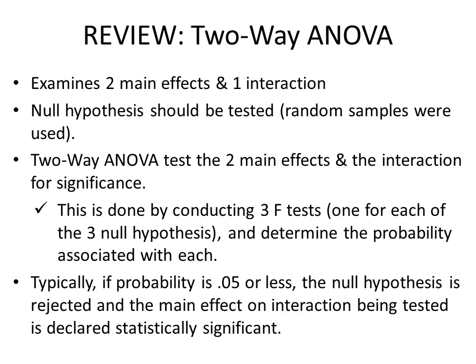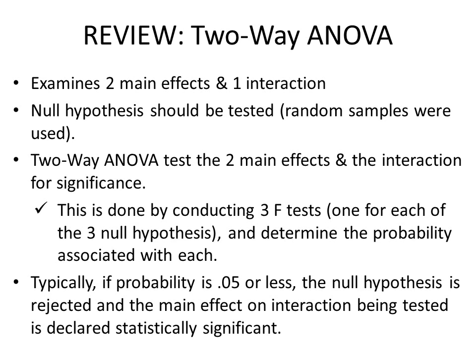For each of the main effects and for the interaction, the null hypothesis states there is no true difference, that the observed differences were created by random sampling error. A two-way ANOVA will therefore test the two main effects and the interaction for significance. This is done by conducting 3 F-tests, one for each of the 3 null hypotheses.